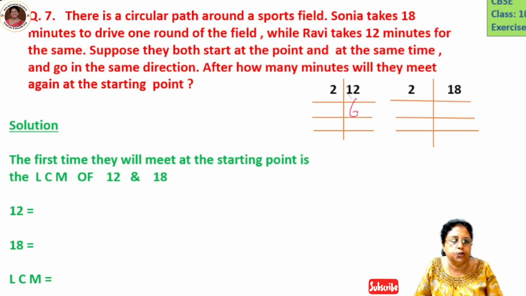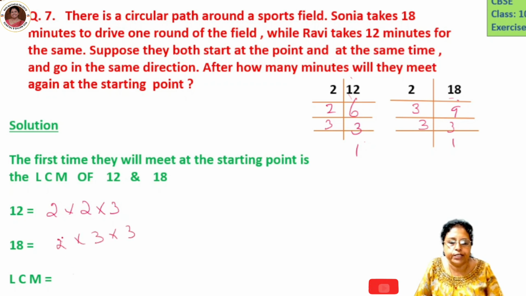Here 12, 2 6s are 12, then 2 3s are 6, 3, then 1. 2 times 2 times 3. What about 18? 2 9s are 18, then 3 3s are 9, 3, 1. 2 times 3 times 3.